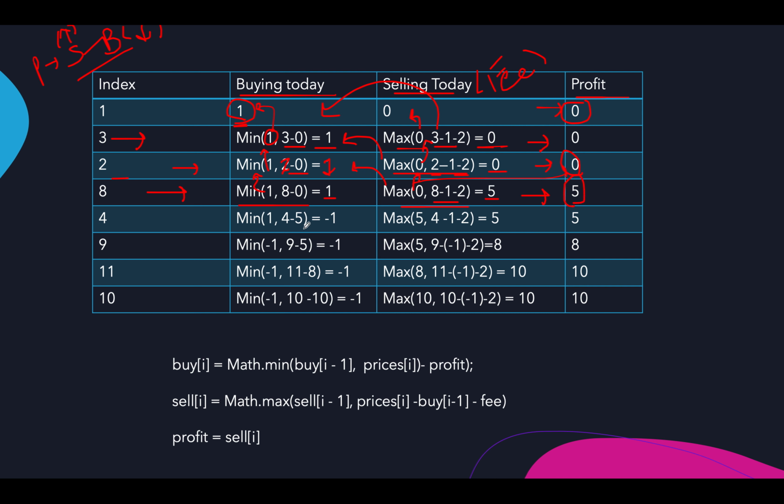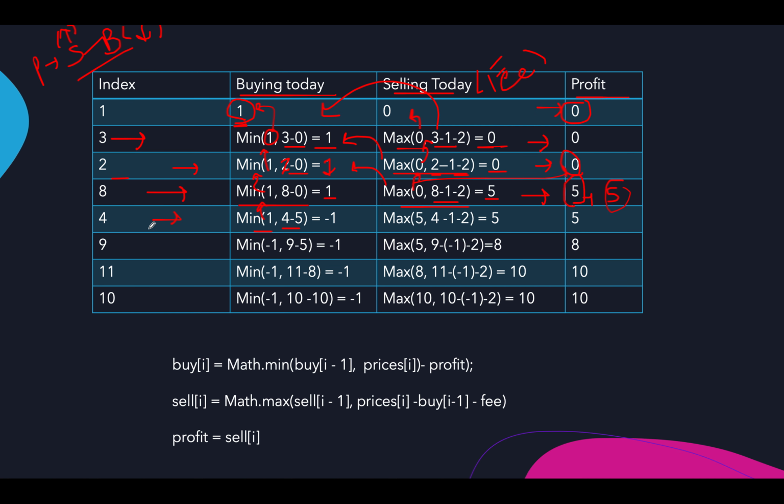Now you'll understand why I'm subtracting the profit in the buying today case. The first possibility, when we move on to the next index, is 1, because the previous buying cost is 1, and the profit that you have made so far is 5.